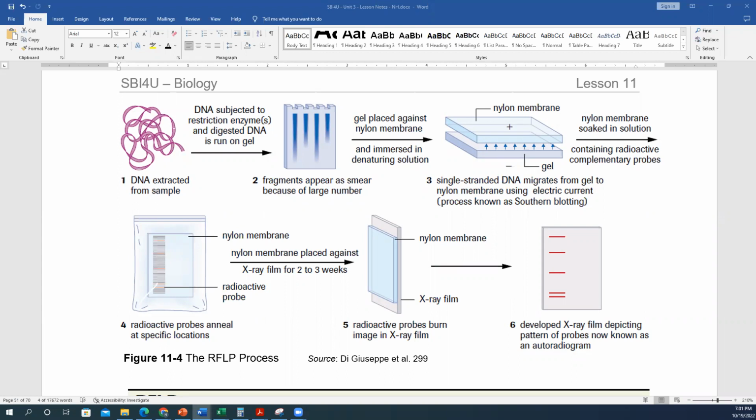But because we have a huge number of people on our planet, it is conceivably possible for more than one person to generate the same DNA fingerprint pattern if we cut the DNA with only one restriction enzyme, just due to chance alone.